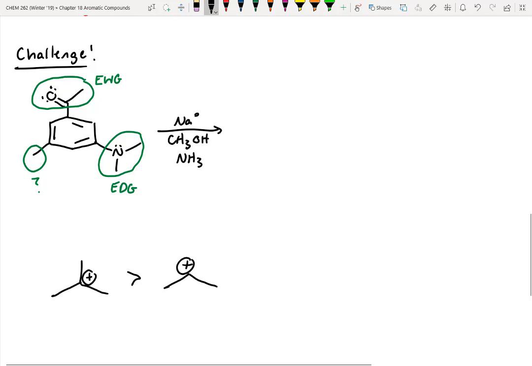Hyperconjugation, which means that even though those methyl groups aren't directly donating electrons to that positive charge, they're acting like electron donating groups to stabilize it through weak orbital overlap, right? So in this way, it's similar to carbocations, where these alkyl groups are weak electron donating groups.